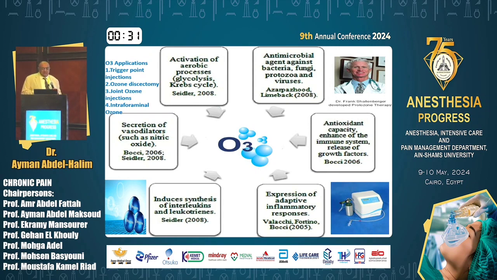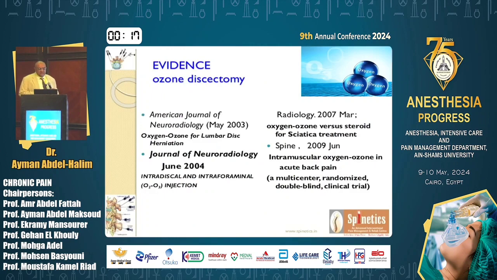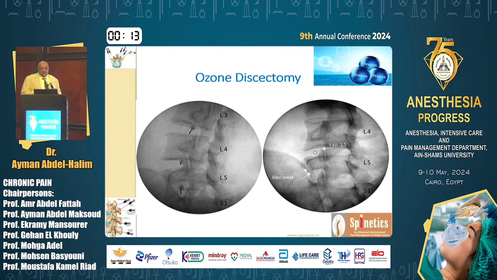The way the ozone works is by activating the aerobic process, and it has an antimicrobial effect and also induces adaptive inflammatory responses. This is some evidence here in disc injections and trigger points, ozone discectomy.